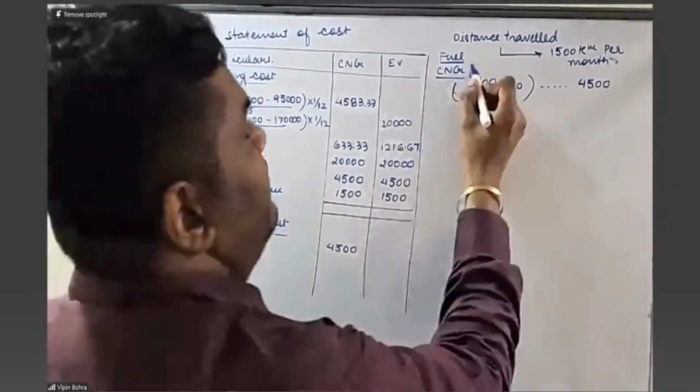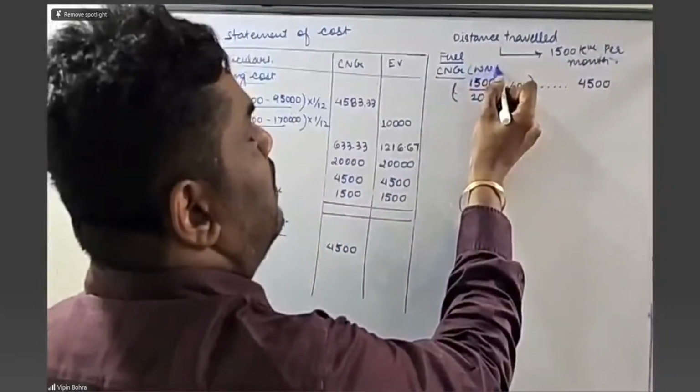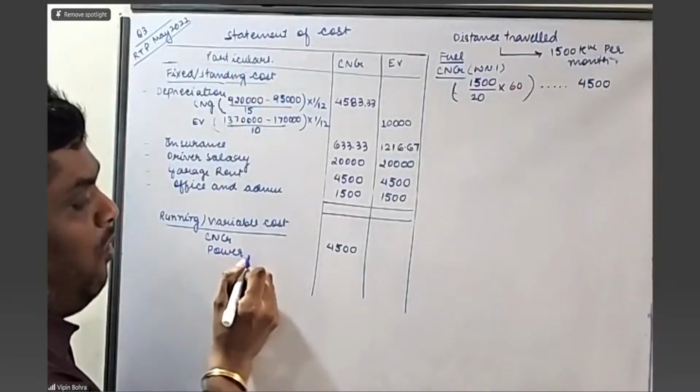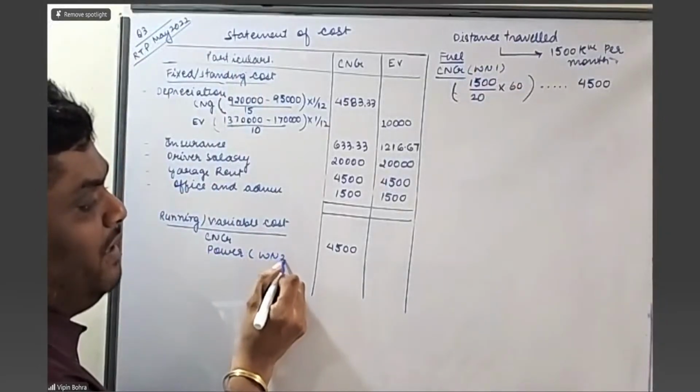You can refer working note number 1. Power cost, you can mention working note number 2.